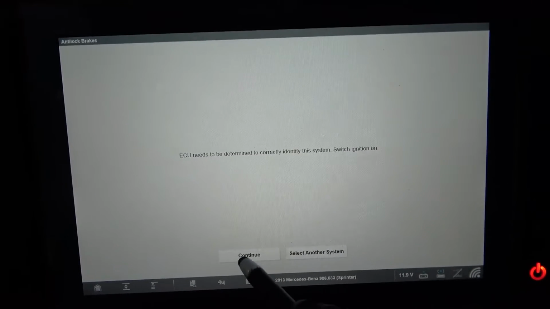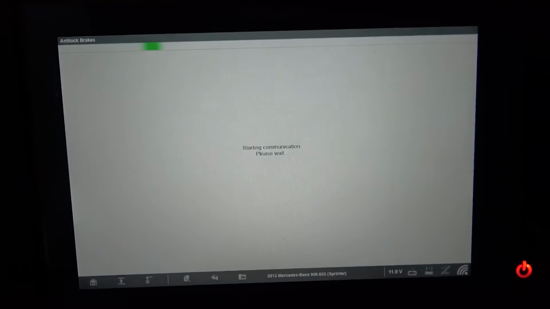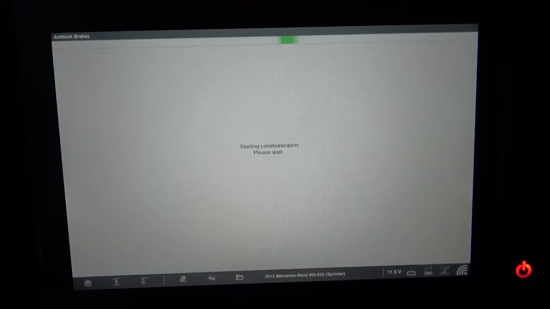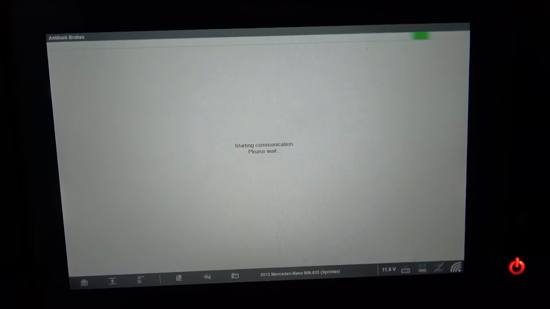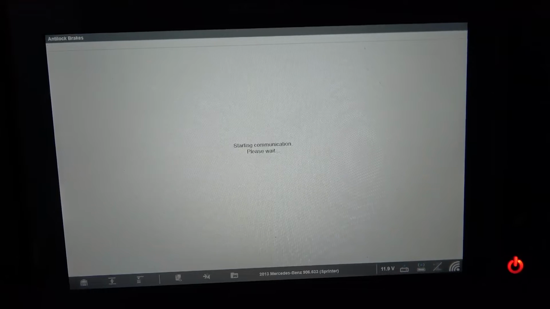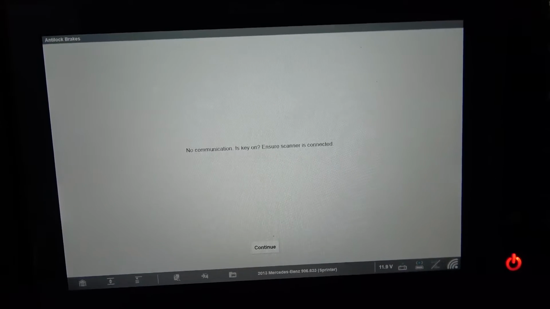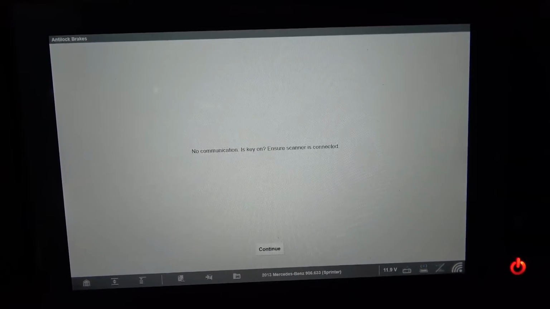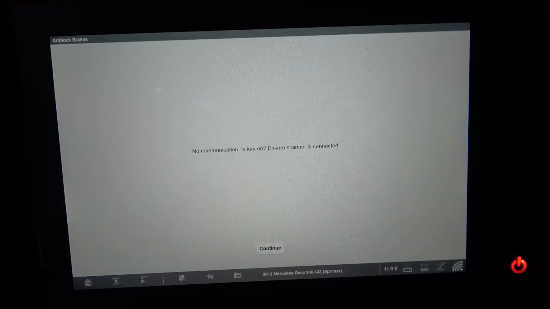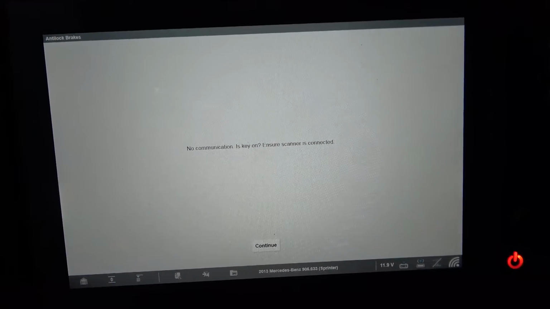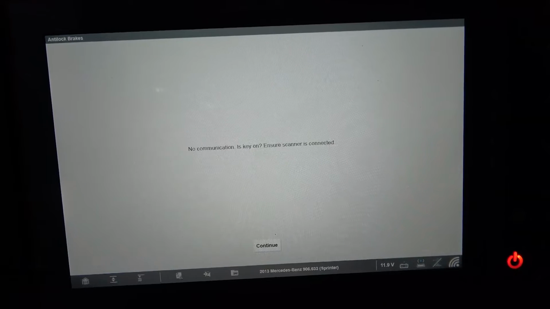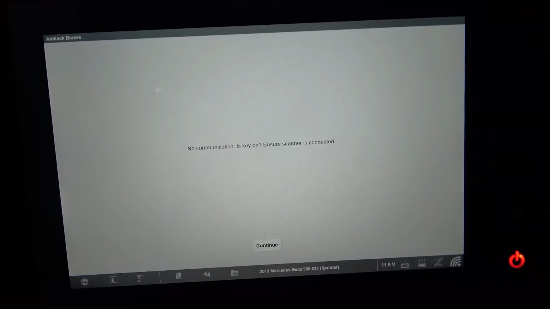Okay. Now, you guys have seen me diagnose these type of issues before. When you have a control unit that's not communicating, your problem can be no ground to that control unit, no power to that control unit, or an open in the communication wires between the control unit and the network.